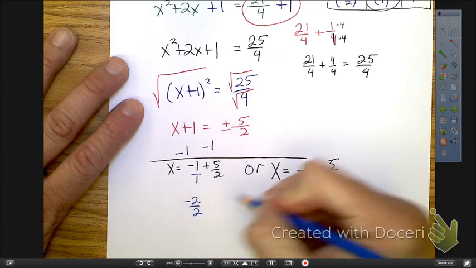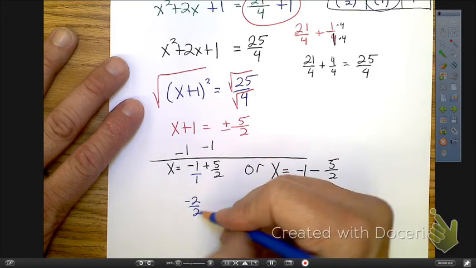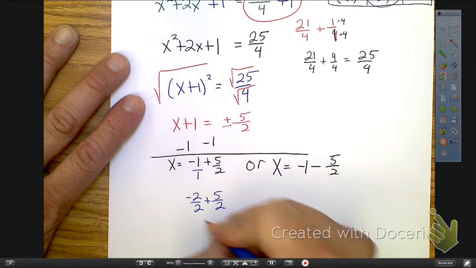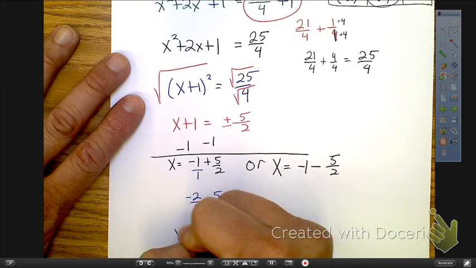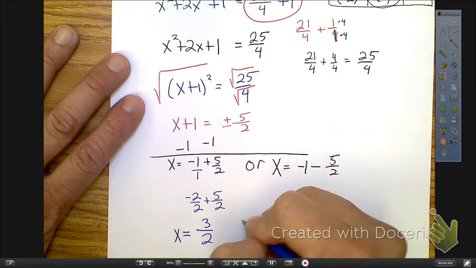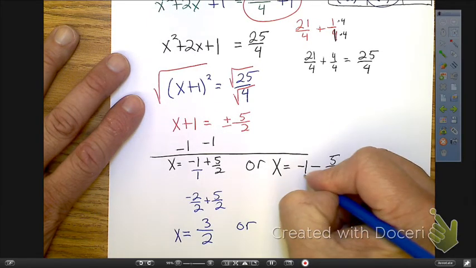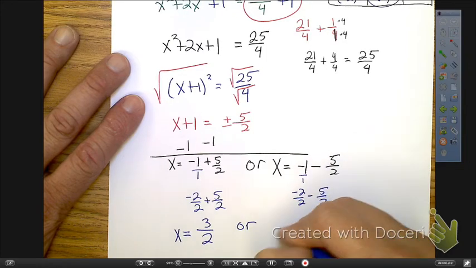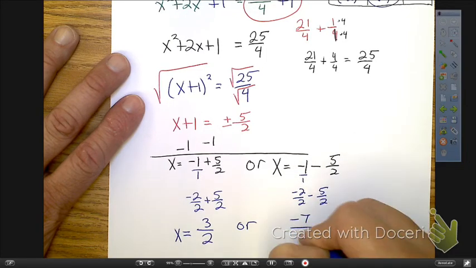Negative 2 over 2 is equivalent to negative 1 over 1. Now I can add it to 5 over 2. X equals 3 over 2, or x equals negative 7 over 2.